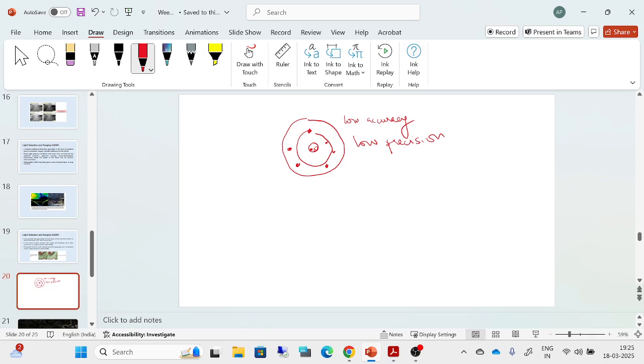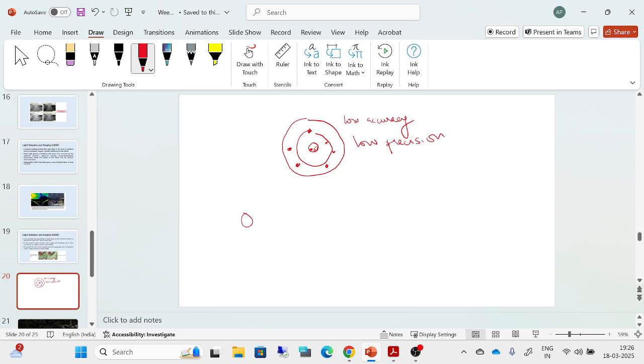When you're copying some image, we say it's very precise, meaning how fine a detail you can match with the original one. That is what precision is. So here, low accuracy, low precision.